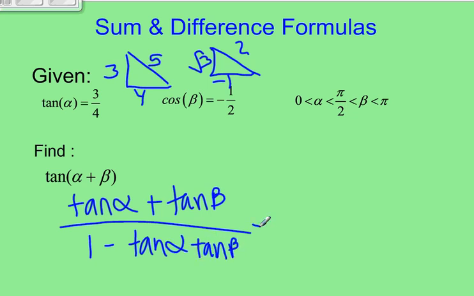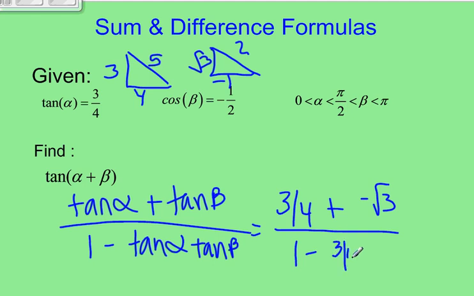And we're going to plug in our numbers. So tangent of the alpha one is 3/4. Tangent of the beta is negative square root of 3 over 1 minus 3/4 times negative square root of 3.